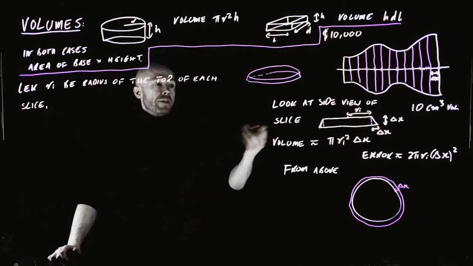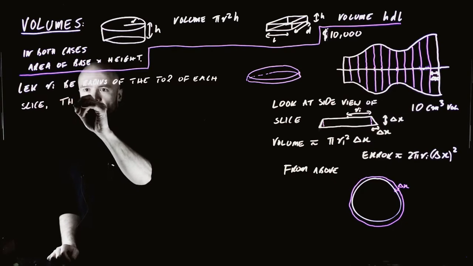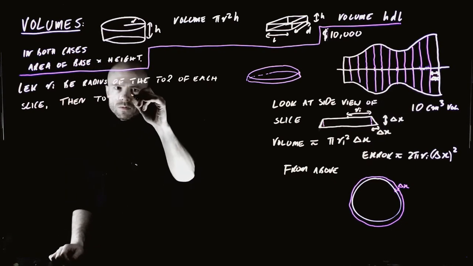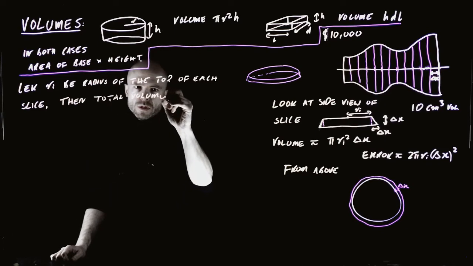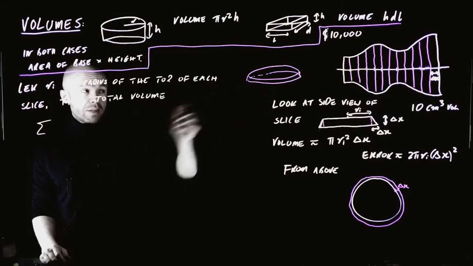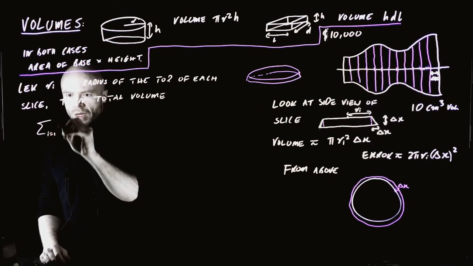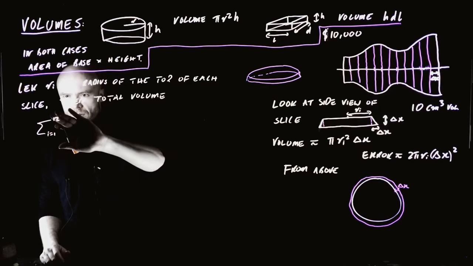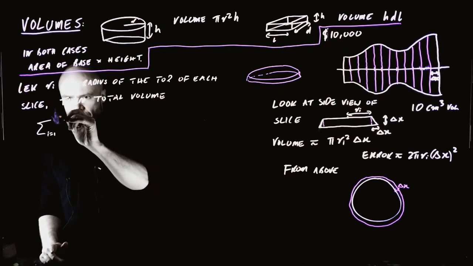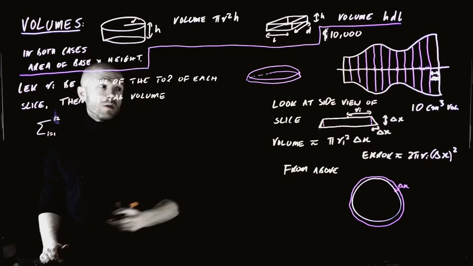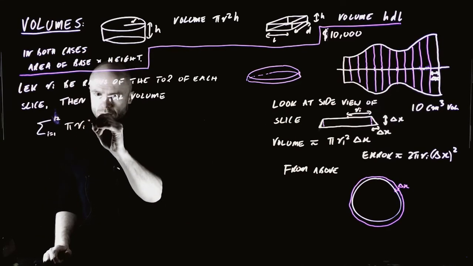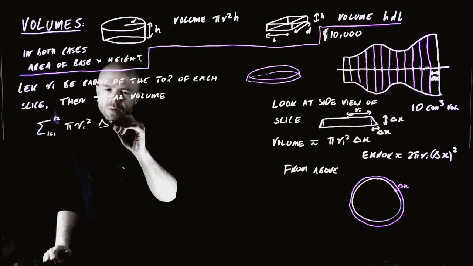And then the total volume is approximately, I have exactly 12 of these guys, the sum from i equals 1 to 12. And then each one of these individual volumes would be pi Ri squared times delta of x.